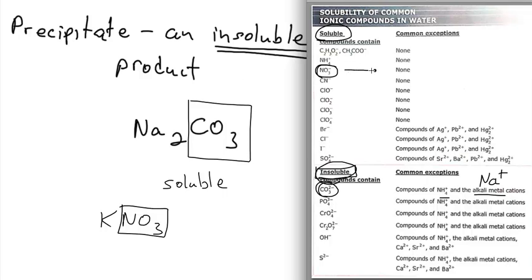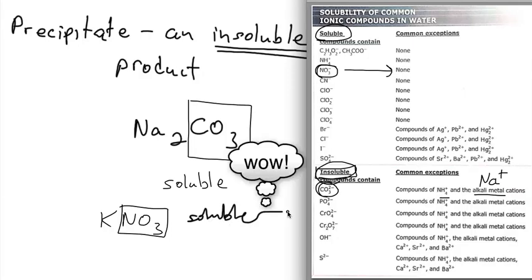Are there any exceptions? There are no exceptions. So every nitrate, whether it's potassium, lithium, sodium, lead, copper, doesn't matter what the nitrate is, this is going to be soluble. And so that is potassium nitrate. That's how you use the little table here. You look up the second one, and then you see if there are any exceptions to the rule.